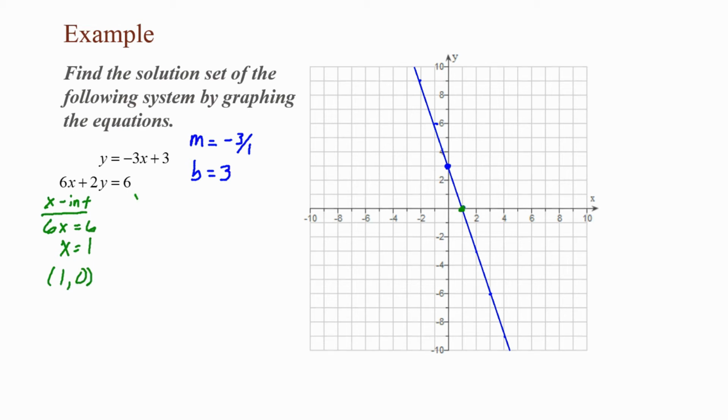For the y-intercept, my x is 0, so I have 2y equals 6, y equals 3, so I have the point 0, 3. When I draw my line, I have the same line I did when I graphed y equals negative 3x plus 3.